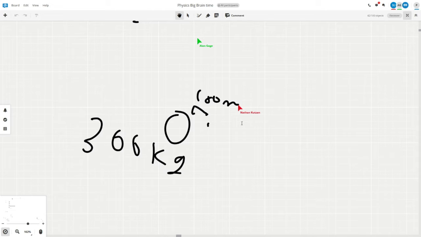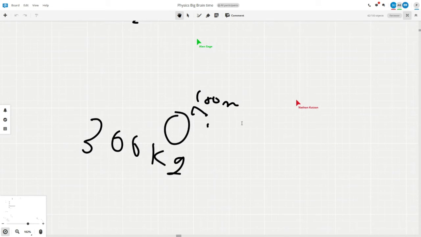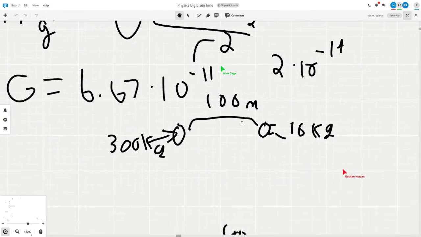What I would want to know is what acceleration do I feel due to gravity? But in this problem, I'm not giving the mass of the person. So knowing what we have earlier, this is a bit of a tough one. But I'll see if anyone can figure it out.